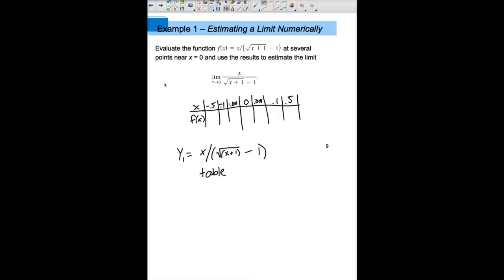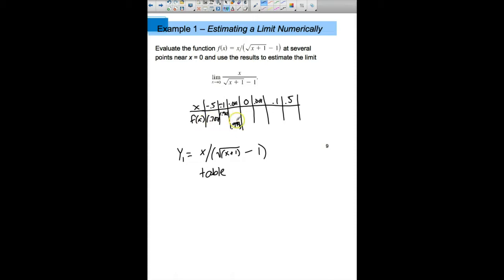And then when you go to table, it will give you a blank table of x and y values, and then you can type in like negative 0.5, and it gives you the y value of 1.7071. And then type in negative 0.1, and it gives you 1.98487. And then you can type in negative 0.001, and it gives you 1.9995.